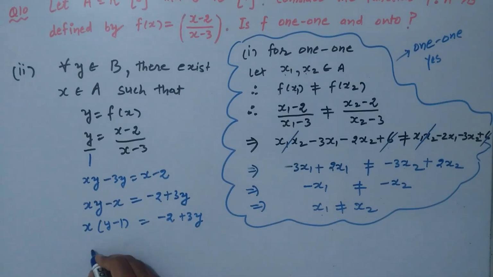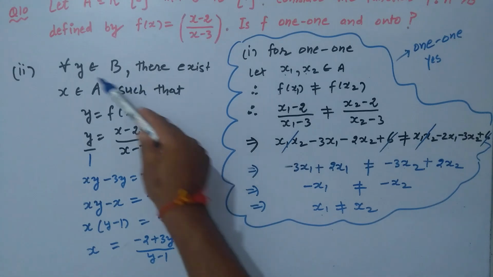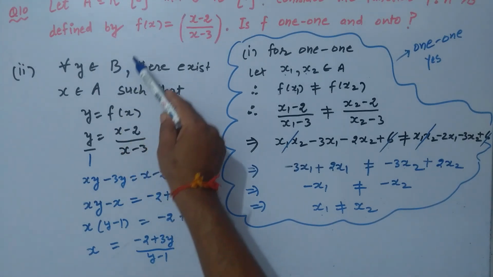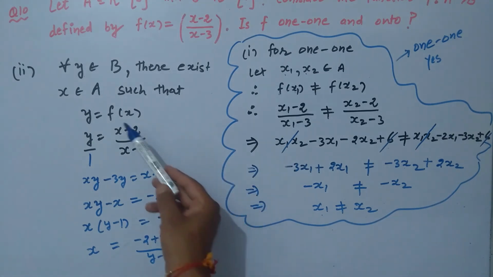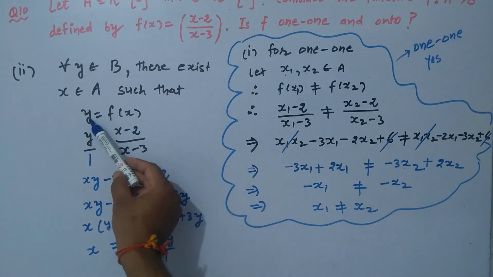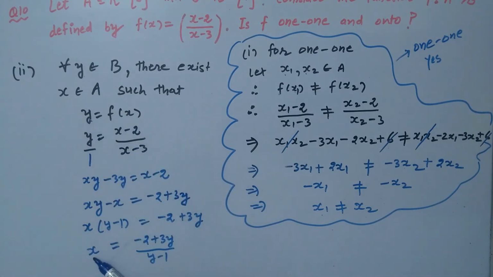So what is x? x is equal to minus 2 plus 3y upon y minus 1. So the condition is satisfied. What is the condition? For every y which belongs to set B, there exists x which belongs to set A. We started with y and got the value of x in terms of y.